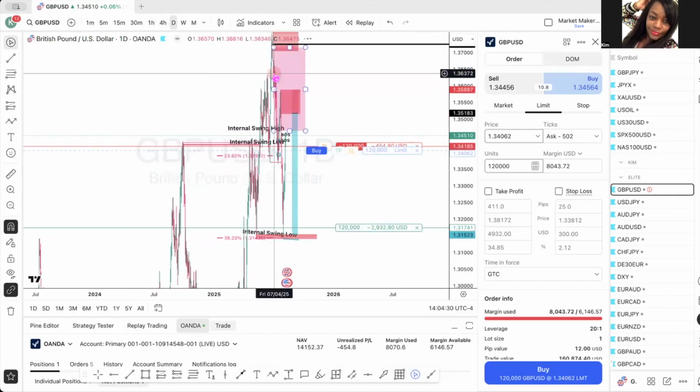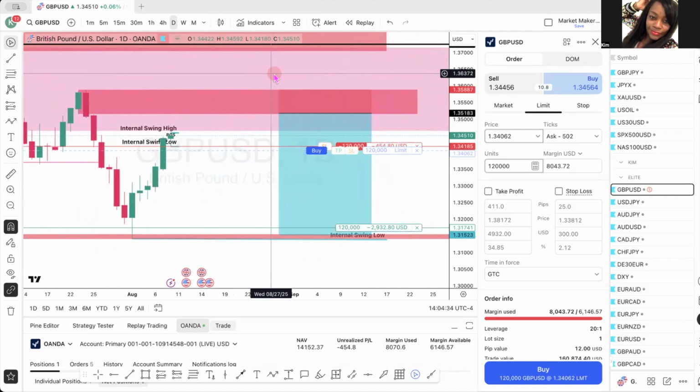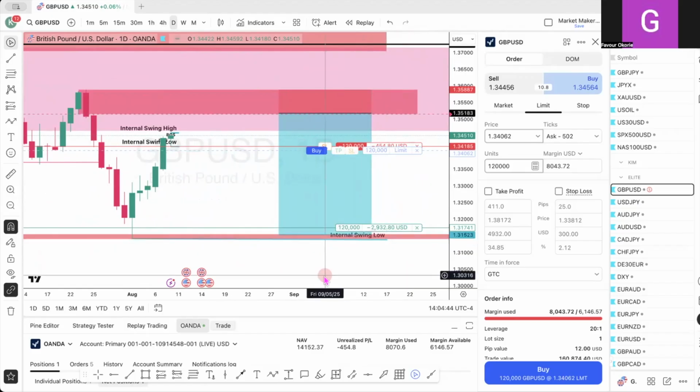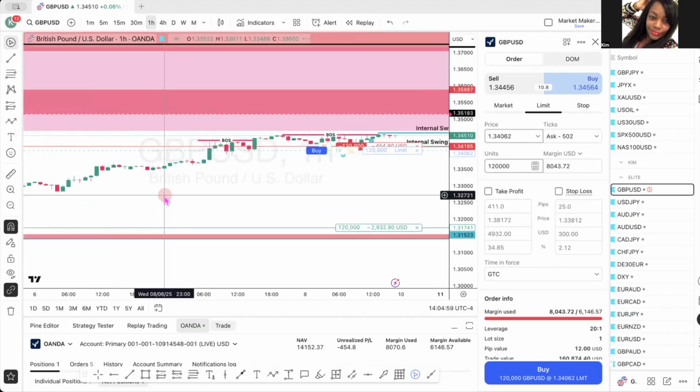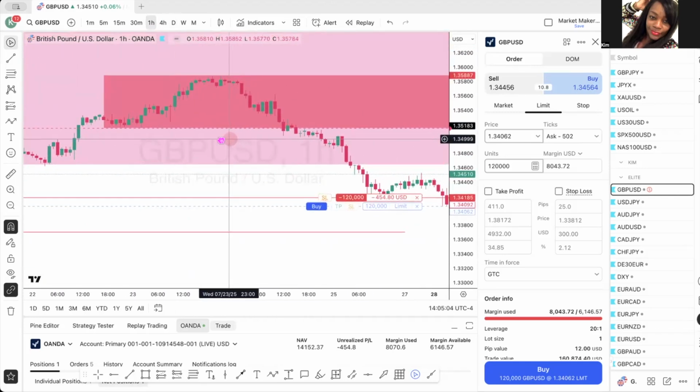I just marked up the daily demand zone, and I'm just going to set an alert at this zone. If price goes up there, then I'll refine it a little more. Because on the 1 hour, there are several zones that price can go to, right?